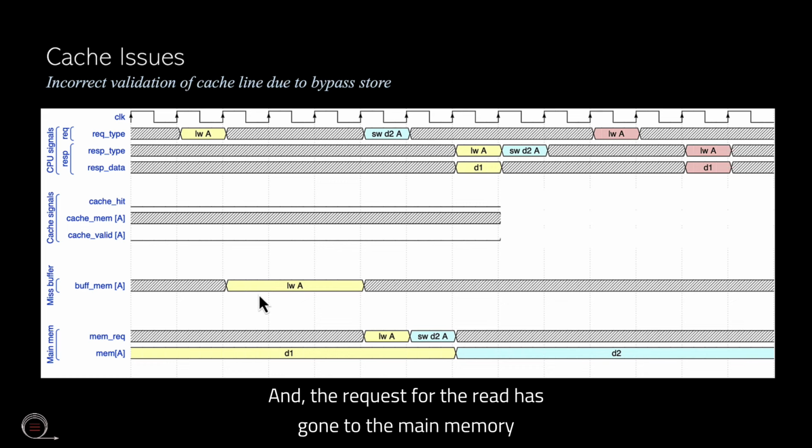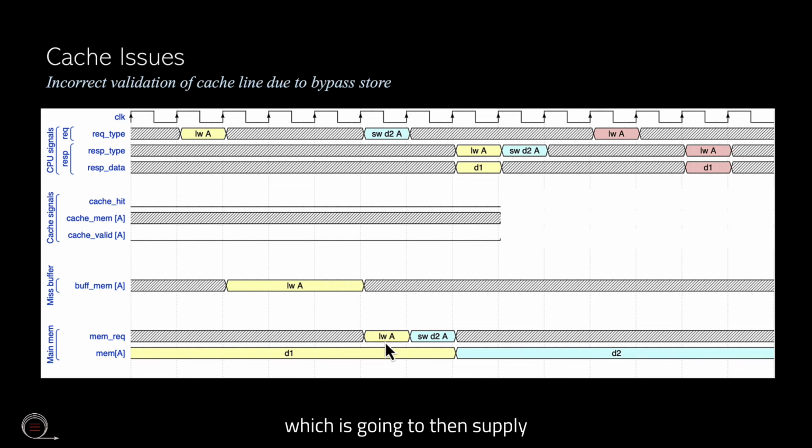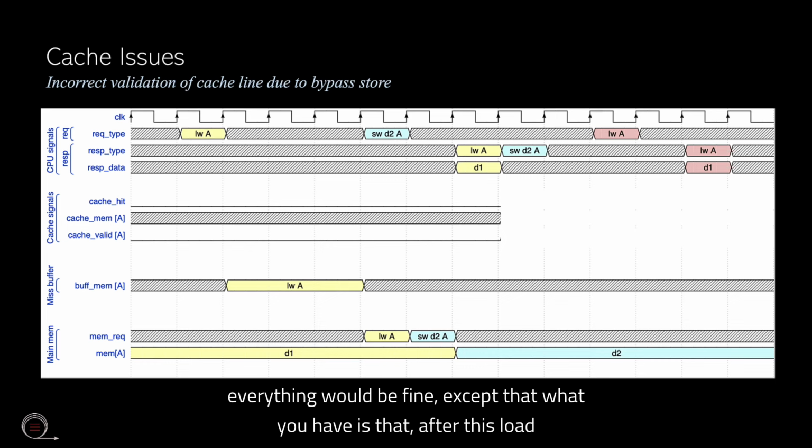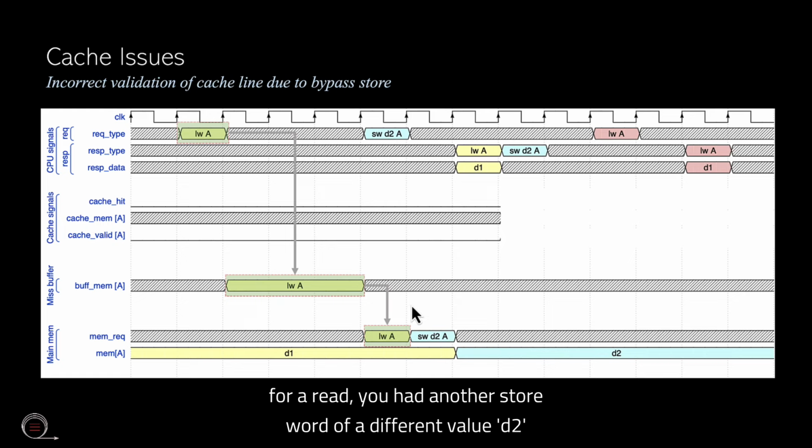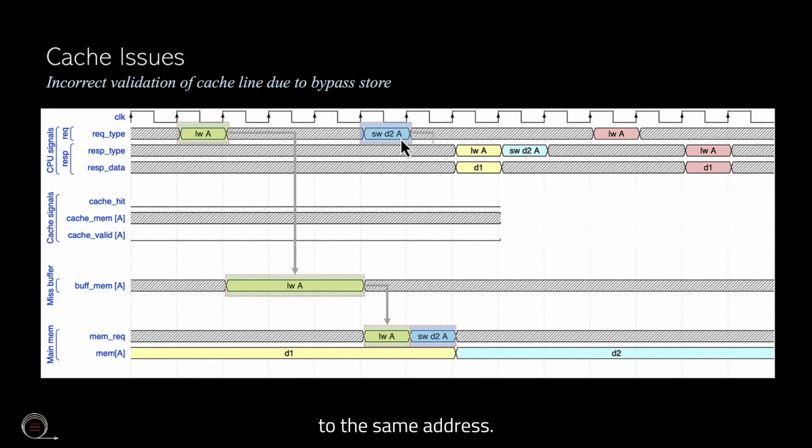The request for the read has gone to the main memory, and the memory finds the data value D1 for this load word request, and it is going to supply this value back to the processor, and everything would be fine, except that after this load word was issued and these requests had been made to the memory for a read, you had another store word of a different value D2 to the same address.